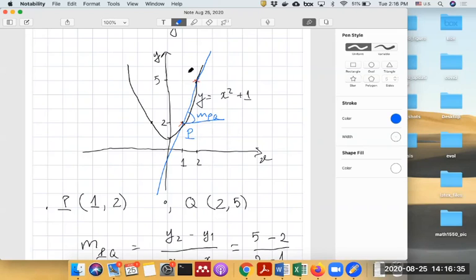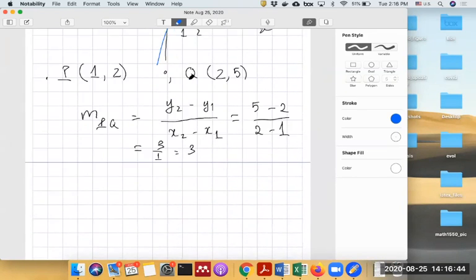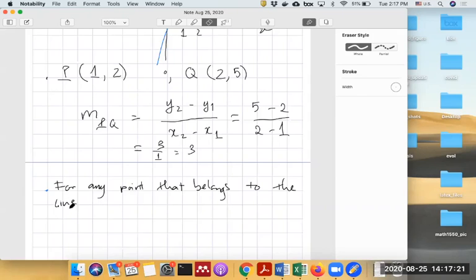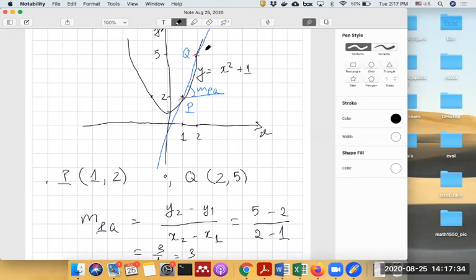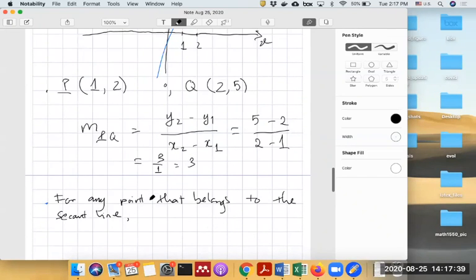And here is our P, and here is our Q. We know the slope of this, and for any point that belongs to the line segment that we need to find, the secant line, for any point belonging to this, it has the same slope, right? They will all have the same slope.